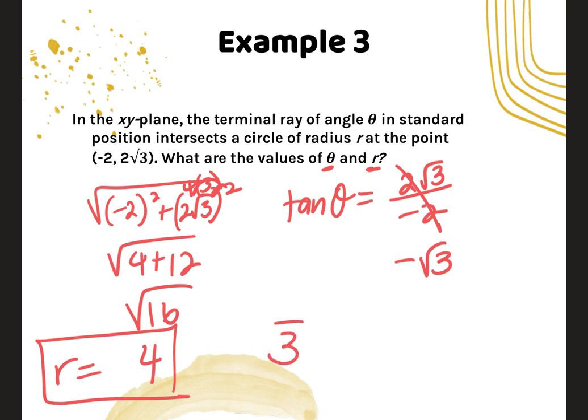It's an over 3, that part I know. Where does negative 2, positive 2 root 3 live? Second quadrant. What's the over 3 in the second quadrant? What's the rule in the second quadrant? 1 less. So it'd be 2 pi over 3.